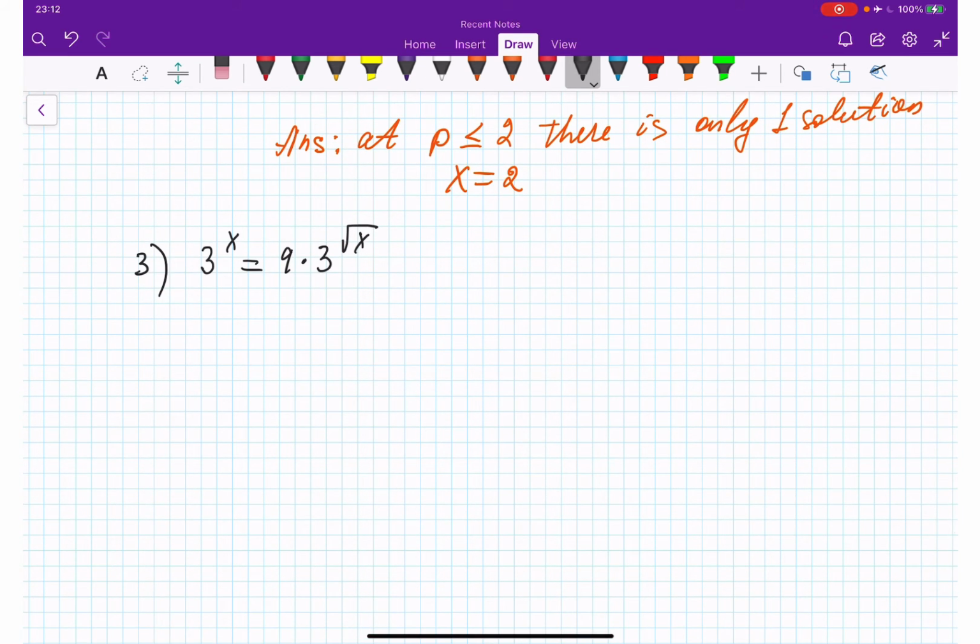Okay, so let's do simplification, bring to the same base so we can multiply. 3 to power x is equal 3 squared times 3 to power square root of x. And this is equal 3 to power x is equal 3 to power 2 plus square root of x, right?